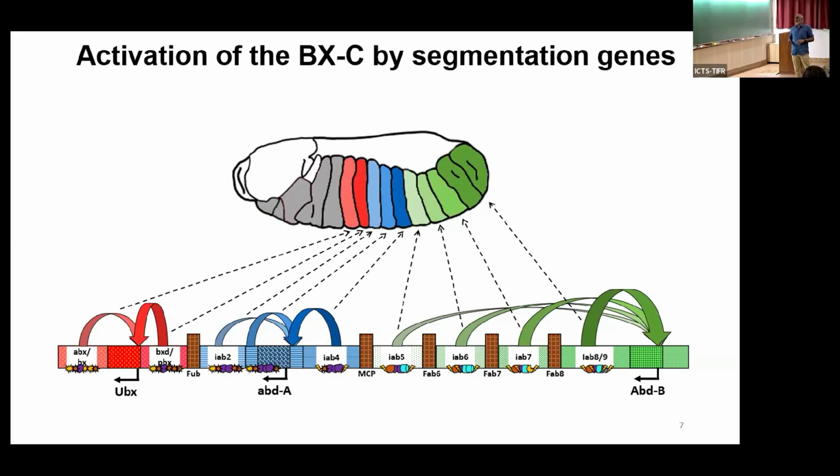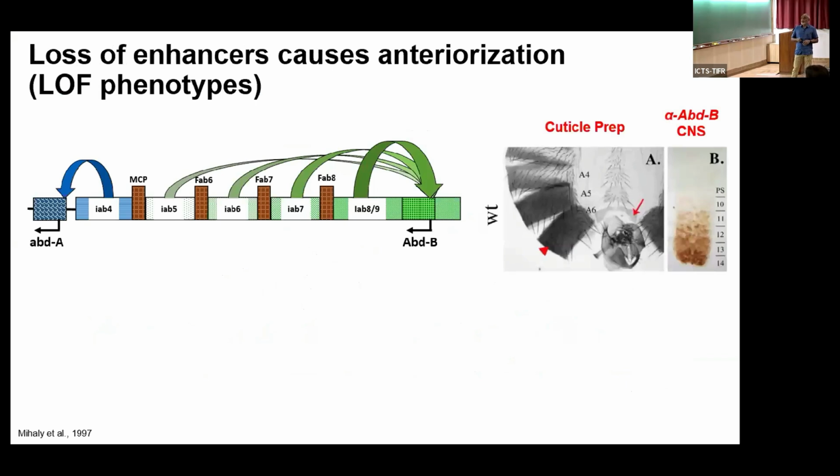But why I am showing this to you is that, other than the regulatory elements, their arrangement and the order in which they occur is very nicely reflected in the phenotype that you see, or their function across the body axis. So it makes a very interesting system which has full access to genetics, of course, and all the molecular biology techniques, to study the organization of the genome and its function in a larger context.